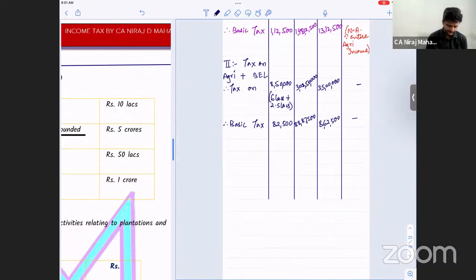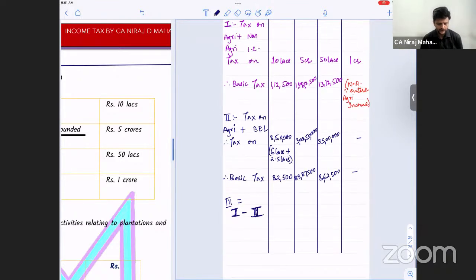Step 3 is 1 minus 2. Obviously, 1 will be higher. I'm purposely doing all the cases so that it will cover rebate cases or surcharge cases also. So give me the differences. 1 minus 2. So 1,12,500 minus 82,500. 30,000.